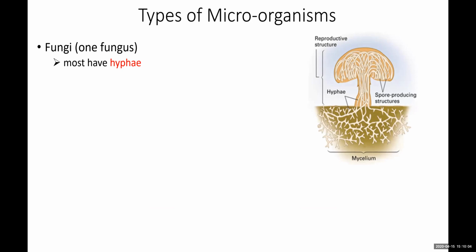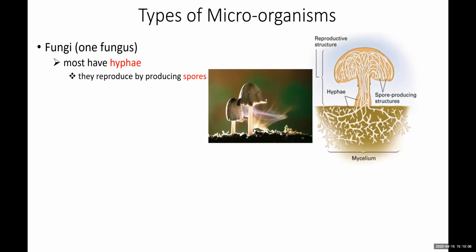And what that does is it allows them to reproduce by using spores. Now, spores are tiny seeds, and that's generally what the fungus will release into the wind, and it will blow off and spread the fungus to other places to reproduce. So that's the first type.